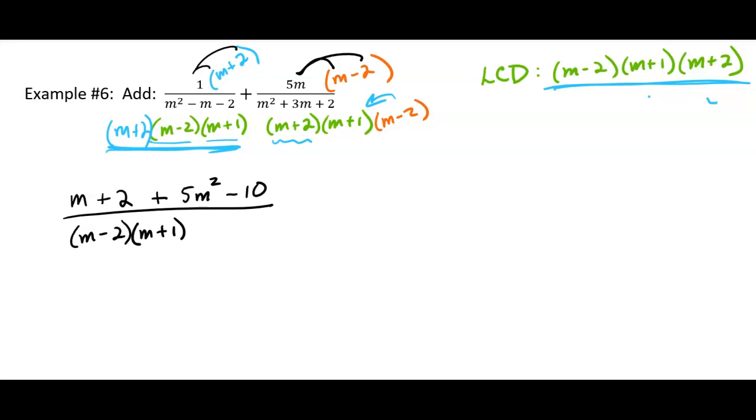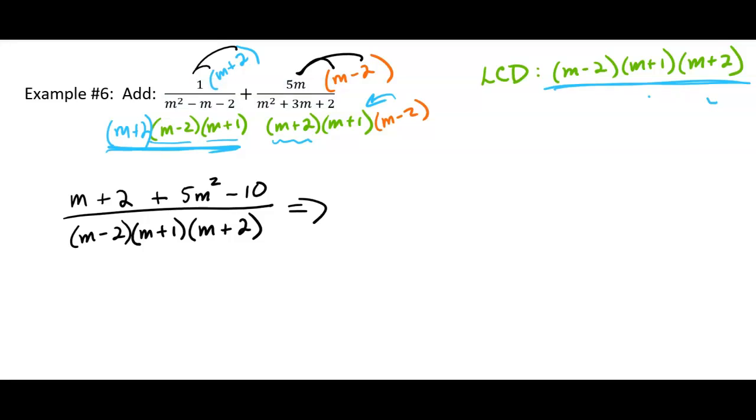Now, if you're wondering about the denominator, like, why don't you multiply the denominator out? I don't want to multiply the denominator out, because maybe in the end we'll be able to cancel something. So I don't multiply the denominator out. I just leave it like that. I do have to multiply the numerators out, though, because I have to add those numerators together.